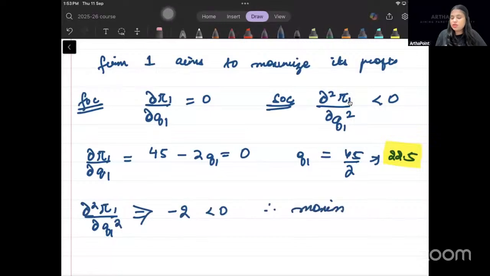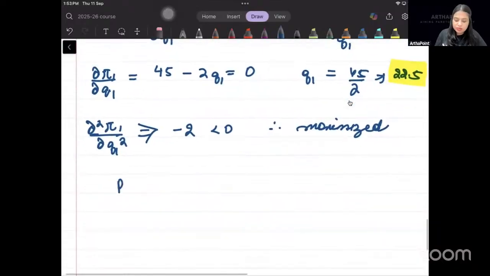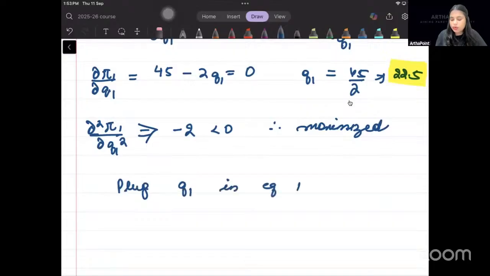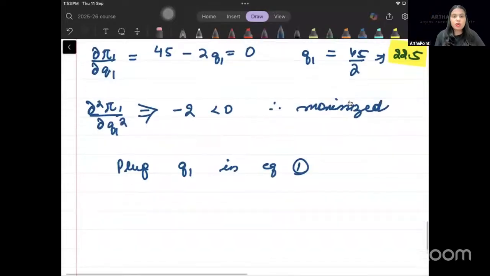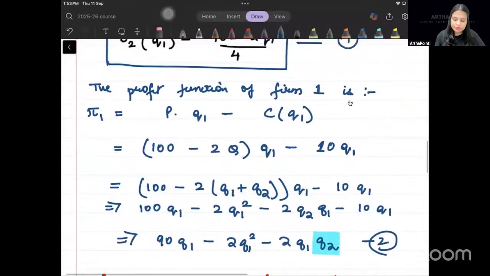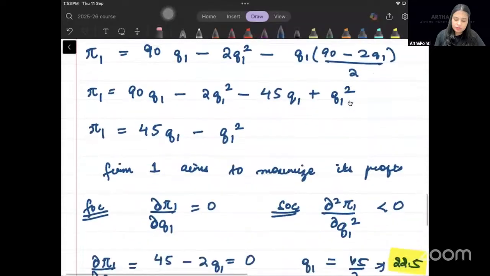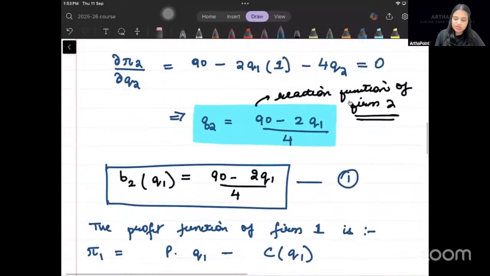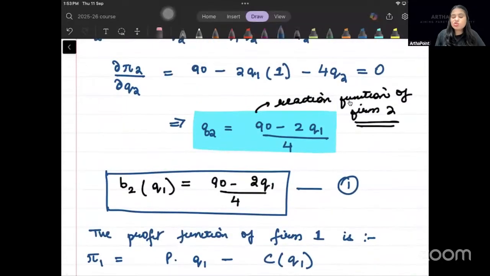Profits have been maximized. Now plug Q1 in equation 1. Put the value of Q1 back into equation 1. So what was equation 1, beta? This. Q2 is 90 minus 2 Q1 by 4.